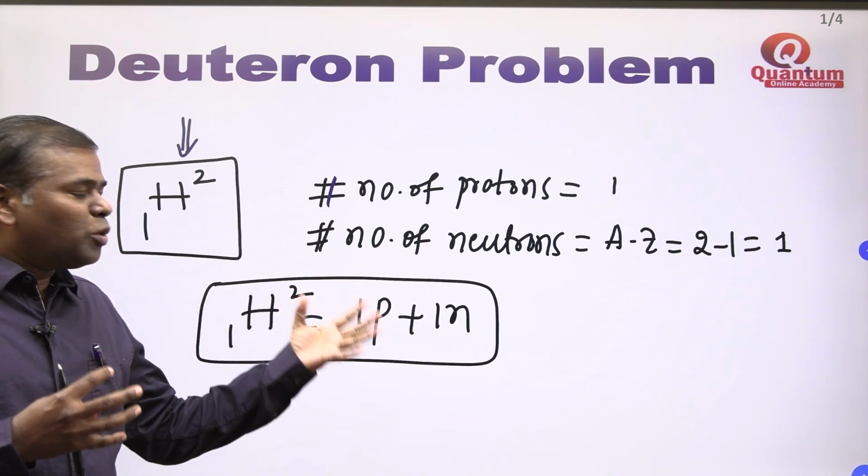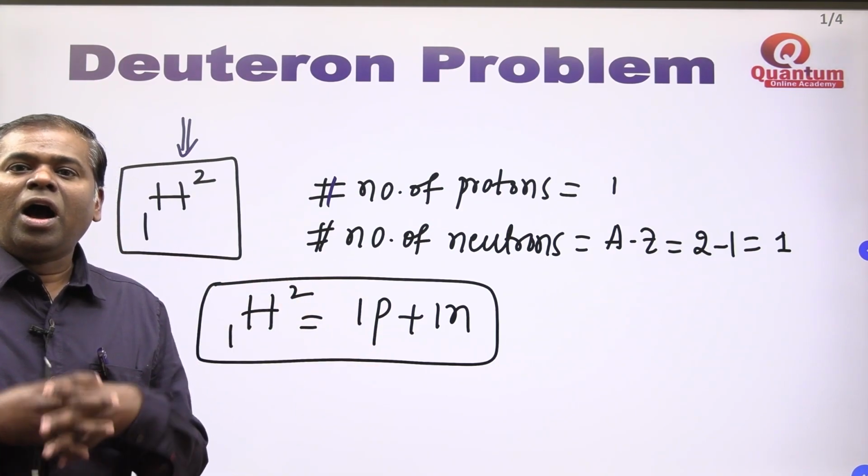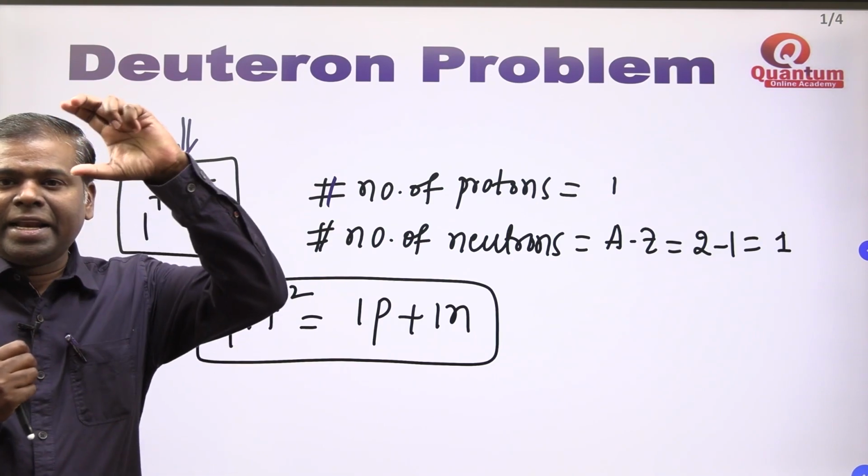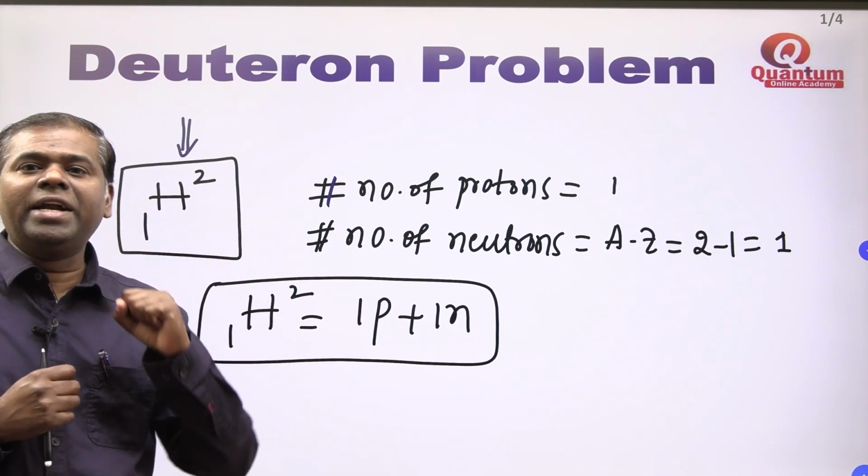To break the Deuteron, how much energy is needed? That energy we call the binding energy.